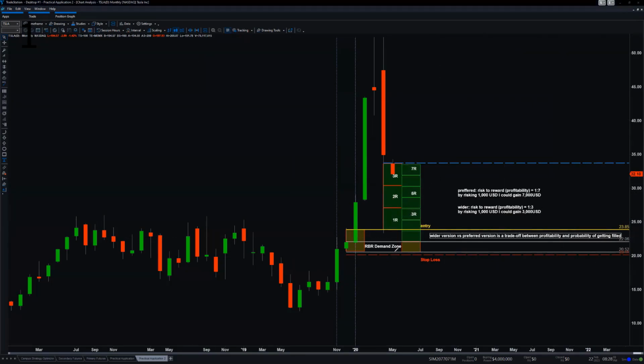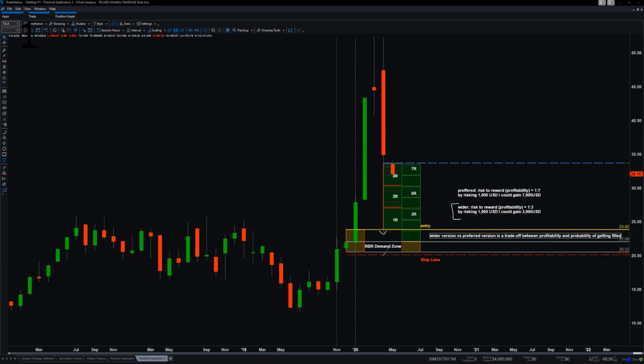Now, what is the problem within this demand zone right here on the preferred is price never got there. So while on paper, I could have collected 7 Rs, in reality, I never collected anything. So which one was the better scenario? The one that Sina put in, the wider version was the better one, because with the preferred one, we never would have gotten a chance to be in this trade.